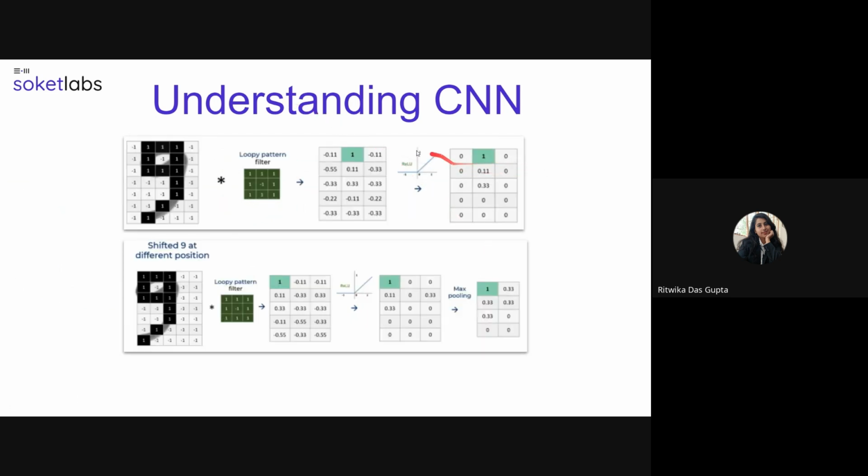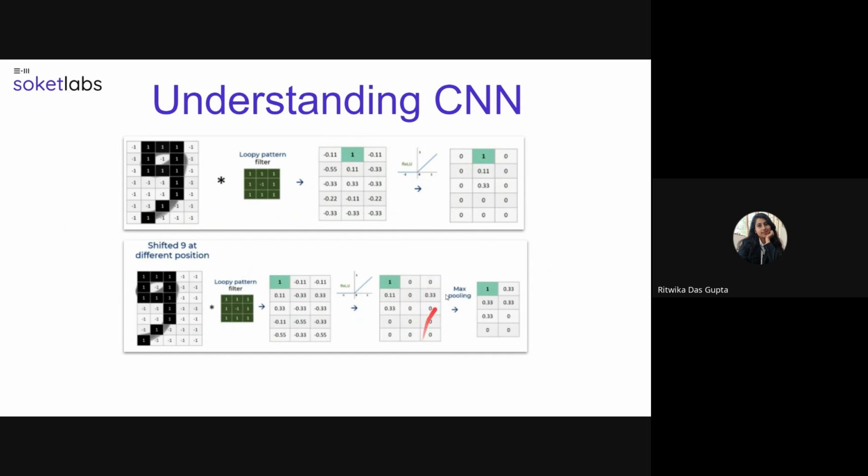Now this feature map has several negative values here, and we do not need these negative values. So it passes through a ReLU activation function, so that the negative values are changed into zeros. And again in this part also, there are a lot of zeros, right? So it becomes kind of a sparse matrix, and the dimension is too high just for processing zeros.